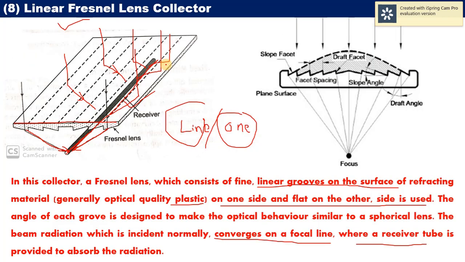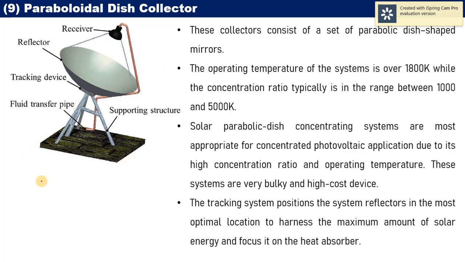In the next part we will go to point focus. This is point focus, and here there is two axis tracking. The next three types of collectors are point focus with two axis tracking. The first one is the paraboloidal dish collector, which is in the form of a parabola, similar to the dish used for receiving cable signals.